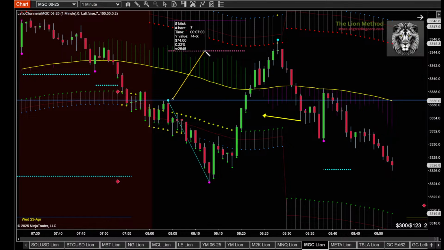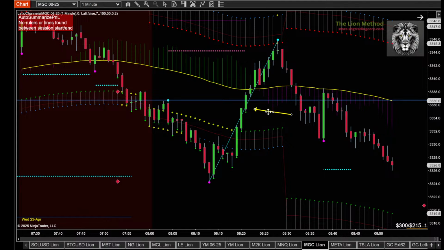This level is a $74 win in micro gold. $740 if you're trading a full-size gold contract. So this is a great trade. Perfect demonstration of the lion method. Again, we were oversold. We looked for a buy dot, which is this cyan blue colored Fibonacci swing level.